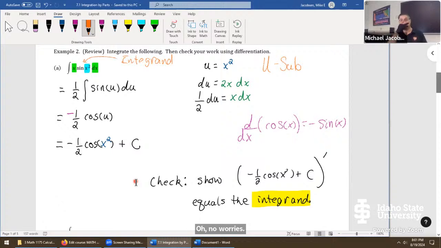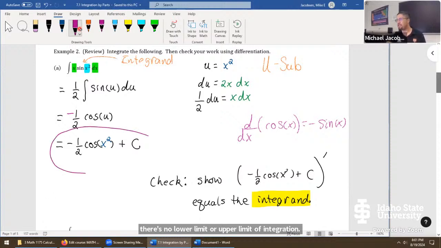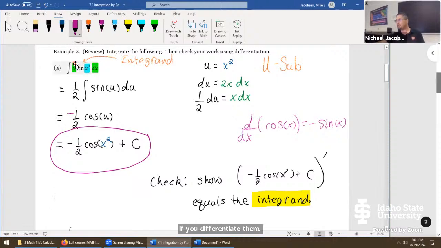Right. Yeah, the plus C is because it is an indefinite integral. Exactly. So this one right here is indefinite because there's no lower limit or upper limit of integration. What we're actually getting is a whole family of different functions for which, if you differentiate them, you get this right here. So that's the derivative of this function. That means these, when you put in a value, will specify the slope of the tangent line of these things.